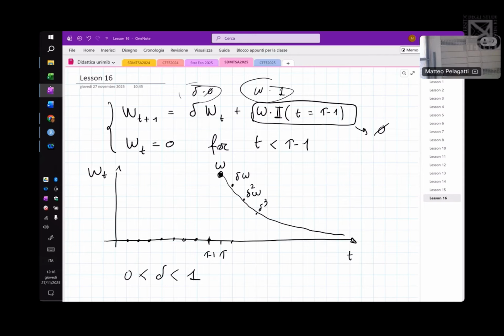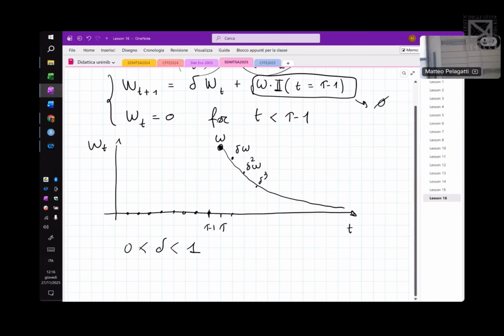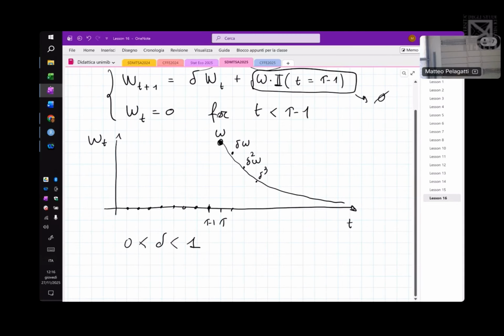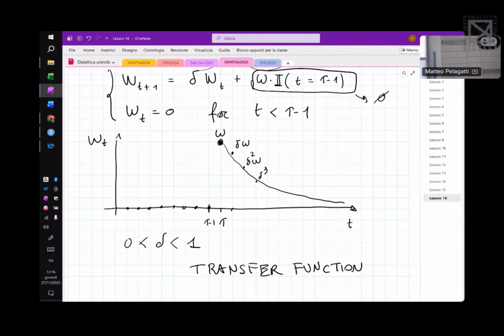And as I told you, this is the class of models which in some ways are related to ARIMA models. I think I give some space to these models in the book. They're called transfer function models.